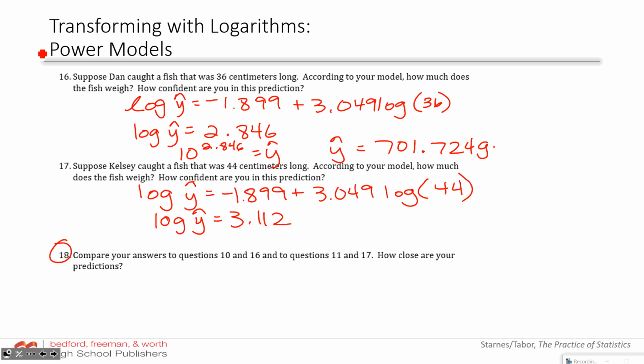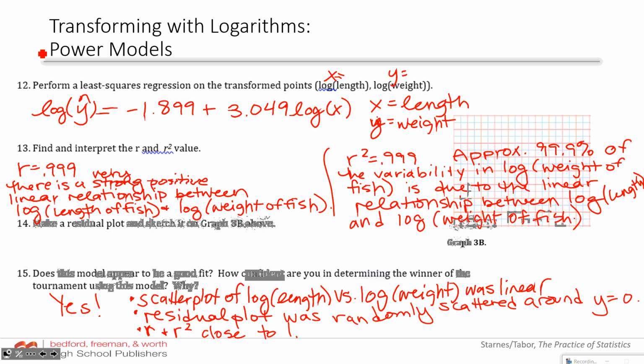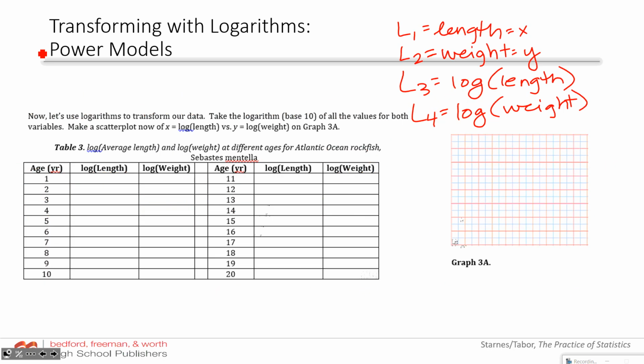That's a logarithmic equation. Convert it to an exponential equation by taking 10 to the 3.112 is equal to y hat. And then my y hat is 1293.859 grams. Keeping in mind, from the very beginning, I asked you to take the log of the lengths and the log of the weights. But I could have said, take the natural log.